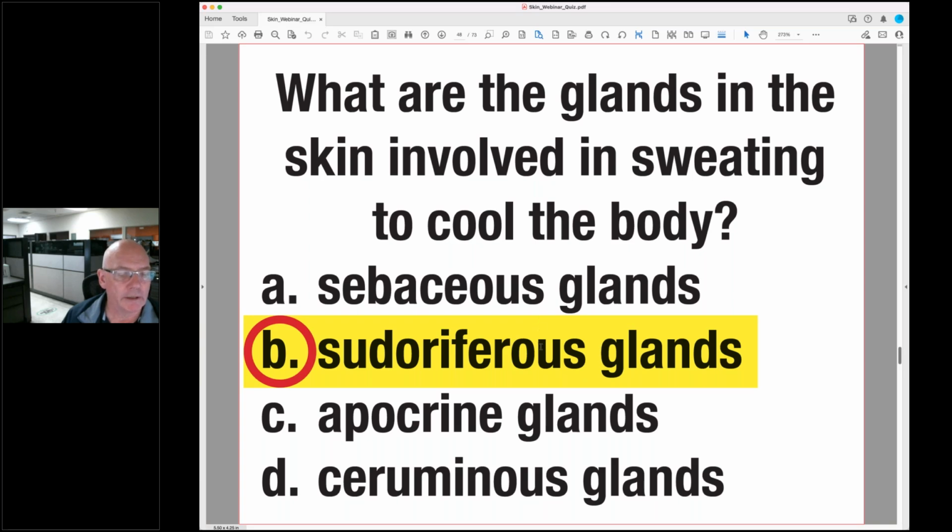Just try and remember, okay? Sudoriferous gland. Make some special notes for that. All right, give you just a little bit of time to do that.